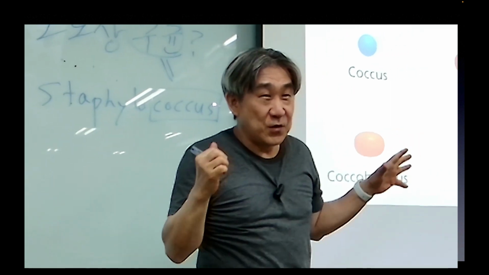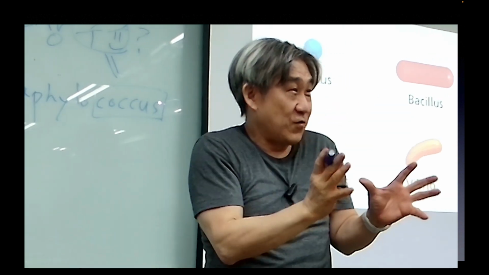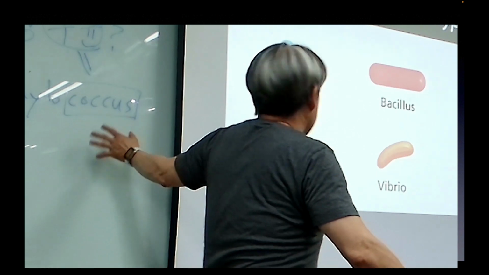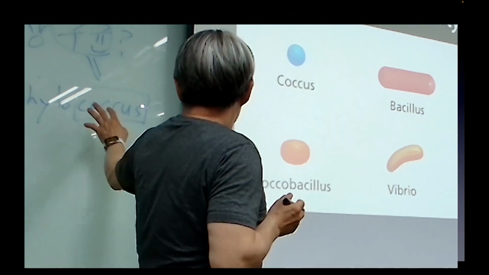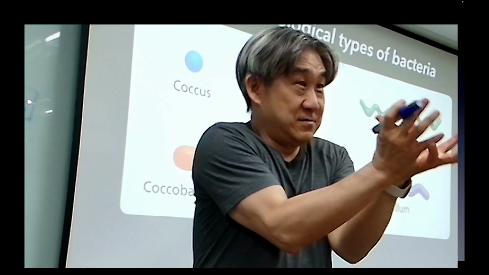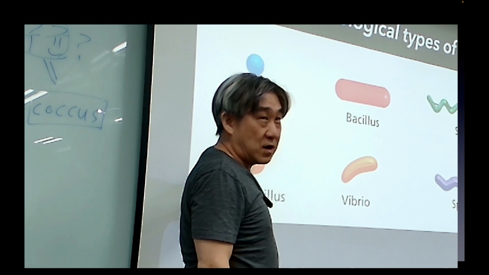That's why it's called 포도상 구균, grape-like, round ball-like bacteria. So here, what we can take is, coccus means any bacteria that look like this ball-like individual bacteria we call coccus.